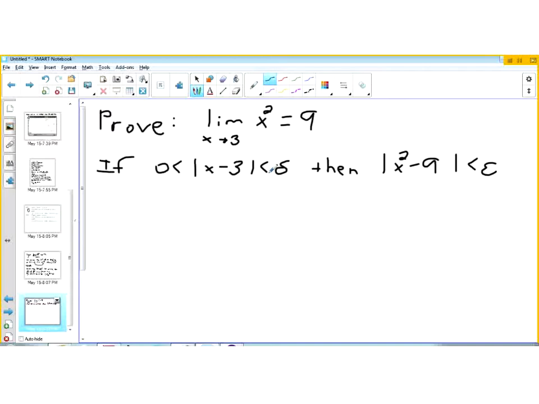All right, so if this is true, then we should be able to find a delta for any positive epsilon.